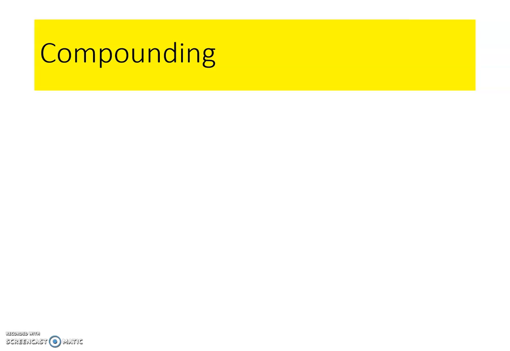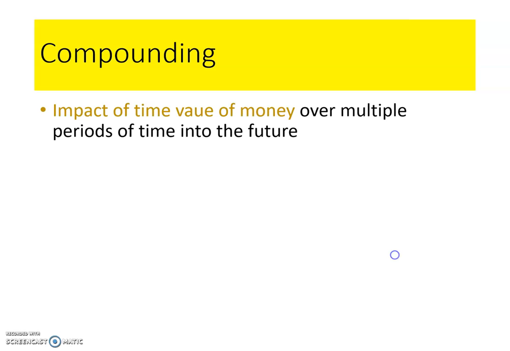Let's look at compounding. Compounding simply refers to the impact of time or the time value of money over multiple periods of time, that is in the future. So you're looking at the interest.